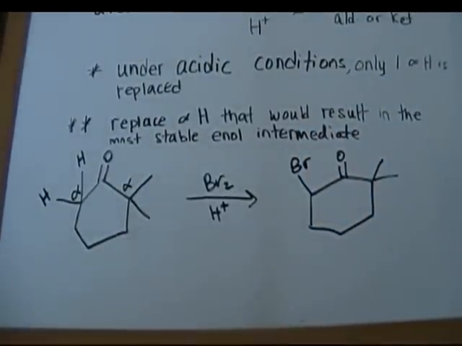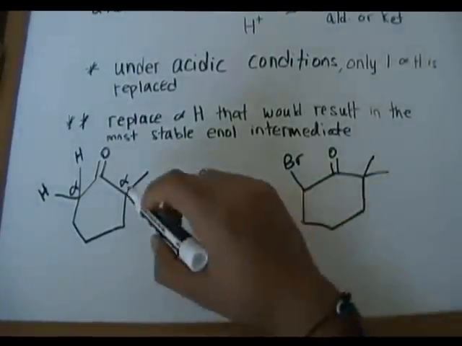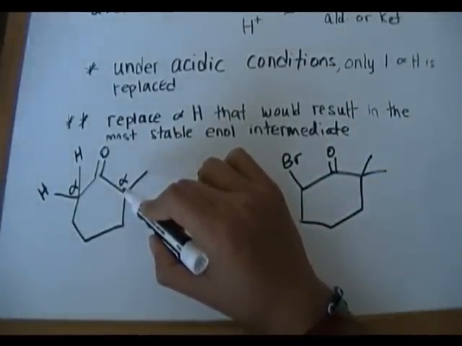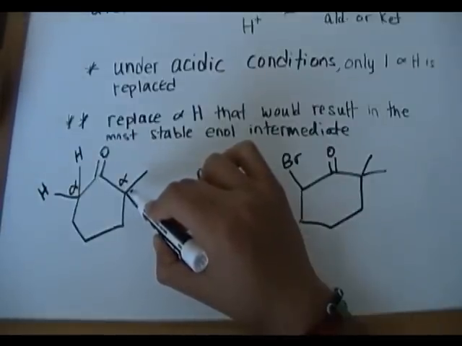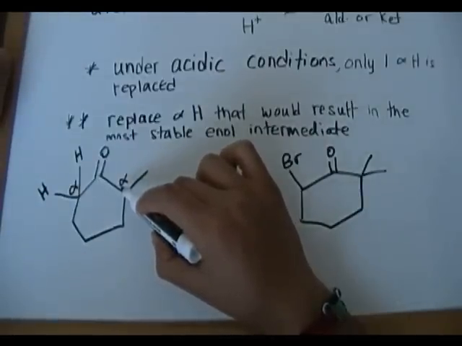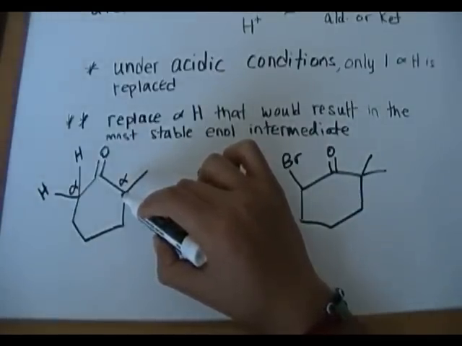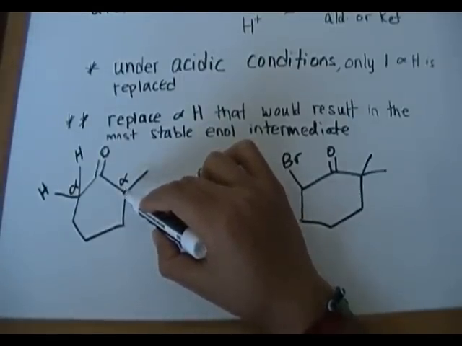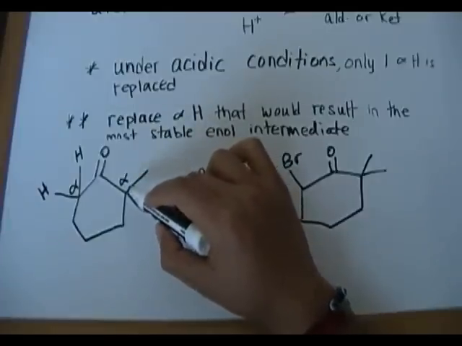Now again, you might be confused and thinking that, well, isn't that the most substituted position? Shouldn't we try to put the Br there? Of course, that thinking is perfect. That's the way you want to think about it. But how can you put a Br there? Because keep in mind, we are replacing an alpha H for a bromine. How can we replace an alpha H in the first place if we don't even have an alpha H to start off with?